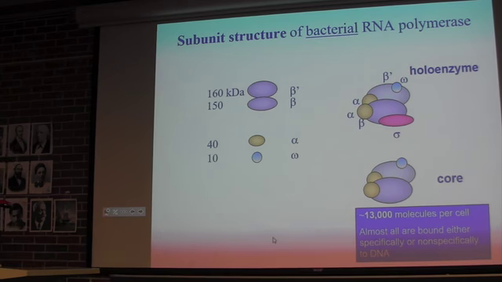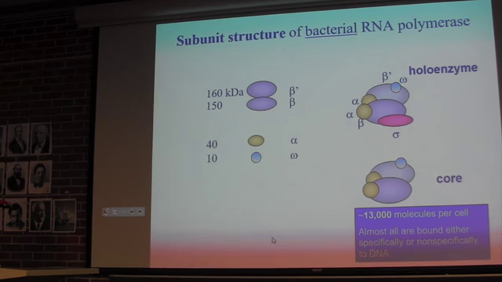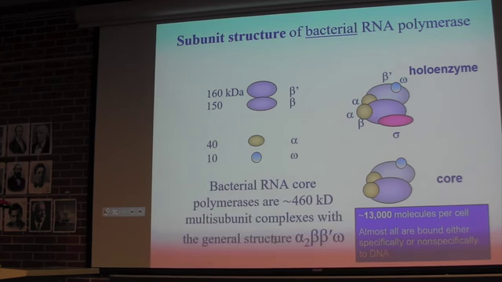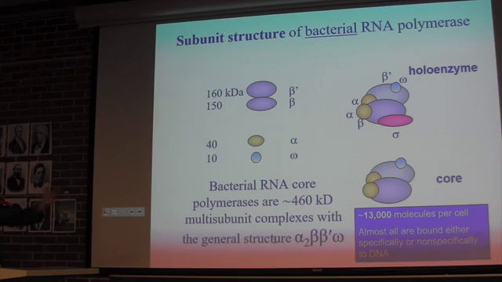Almost all are bound either to promoters, in the process of elongating, or just sitting on non-promoter DNA. Notice how large it is. It's roughly 460 or so kilodaltons, pretty large.